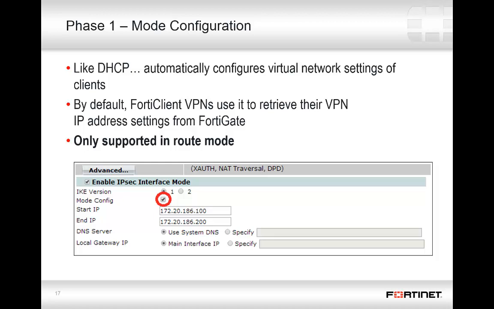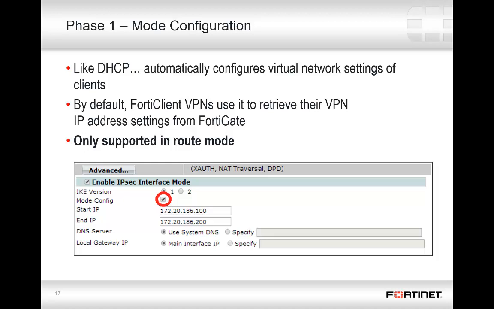If your spokes are FortiClient installations and it's a route mode VPN, then often you will want to enable and configure mode config on the hub's phase 1. This is for an IPSec extension called IKE mode configuration. IKE mode configuration is a more practical alternative than to allocate static IPs to each of the many laptops and mobile phones, for example.